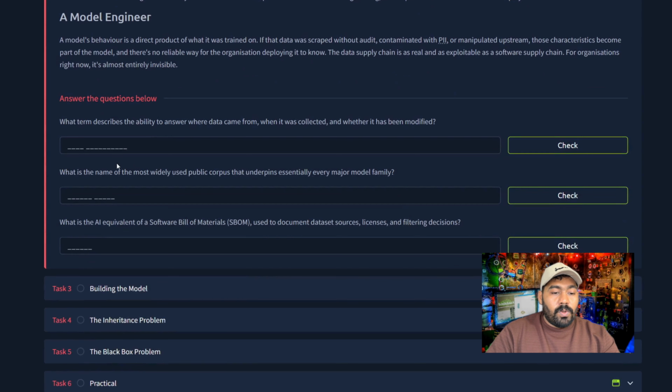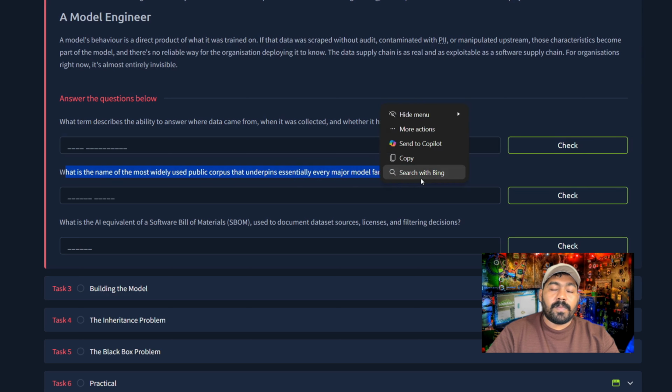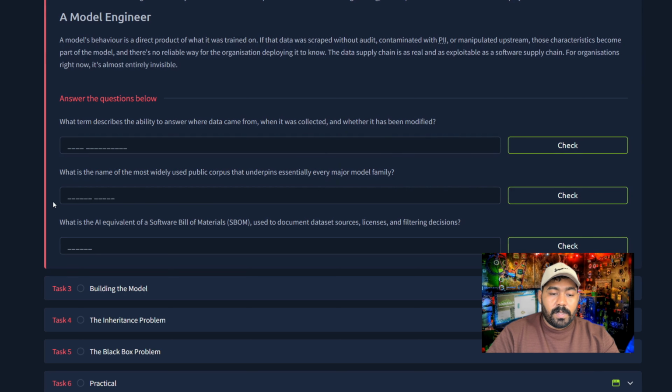Question number two: what is the name of the most widely used public corpus that underpins essentially every major model family? We already covered that from the start. Everywhere it's mentioned, it's Common Crawl. Let's add that one, Common Crawl and data provenance.